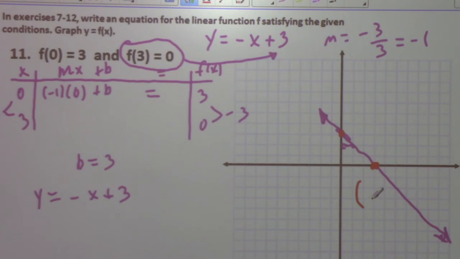So that checks out. So we have 3, 0, 0, 3. Okay? And 12 should be similar, but not exactly the same.